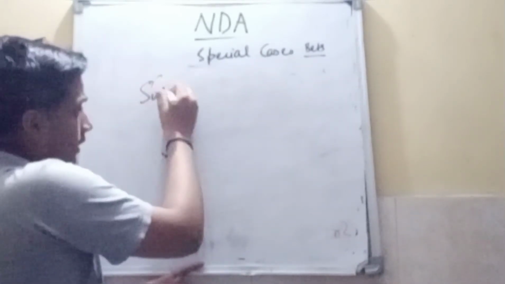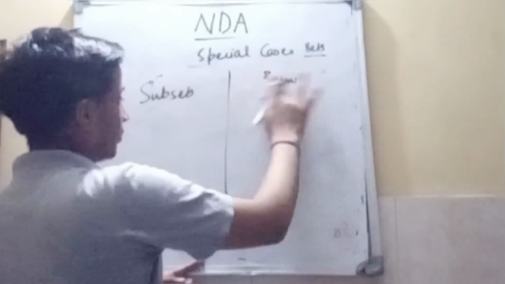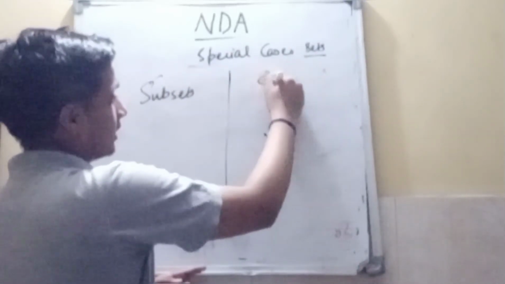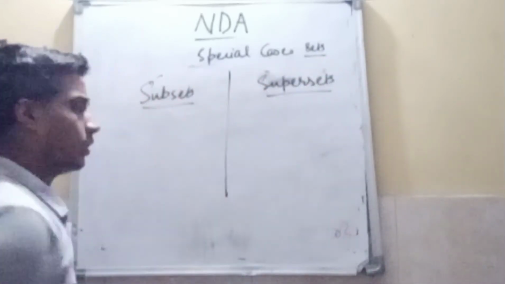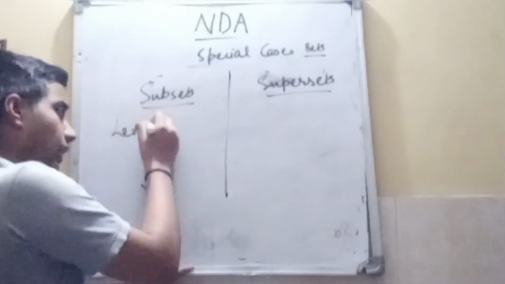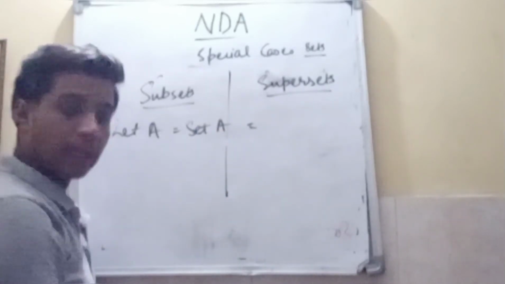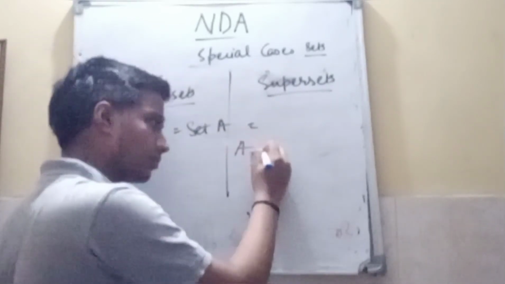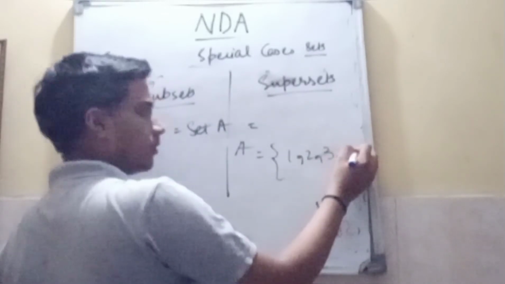So let's move on to the next topic, that is subsets and supersets. Let, for example, we have a set A. The elements of set A are 1, 2, 3, 4.